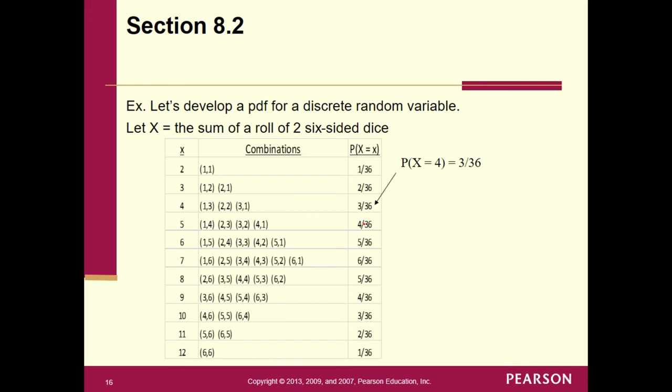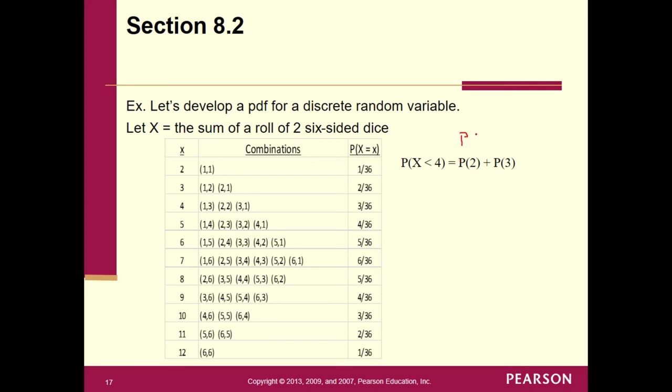Well, we can get a little bit more sophisticated than that. We could ask, what is the probability that x is less than 4? So we don't want to include 4. And so what are all the values that are less than 4? We have 2 and 3. And this is, I would say, a shorthand. A shorthand for what?